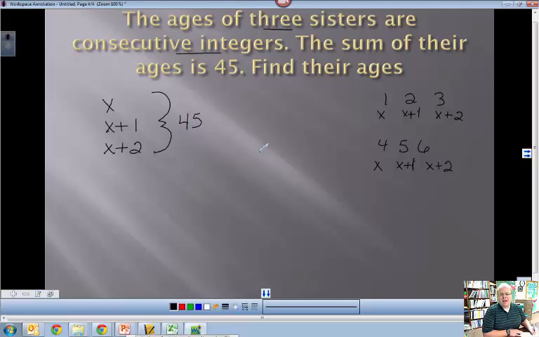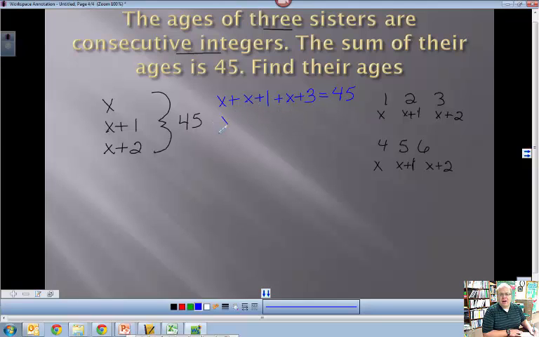So I'm going to write an equation to help me solve this. I'm going to have x, because that's the first age, plus x plus 1. That's for the second sister. Now for the third sister, I'm going to add x plus 3. Okay, and that all equals 45. Now, I can rearrange the order.